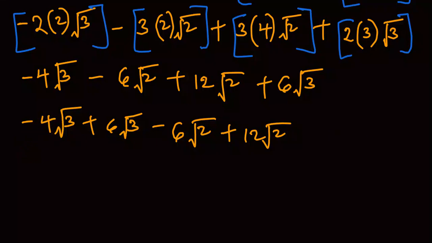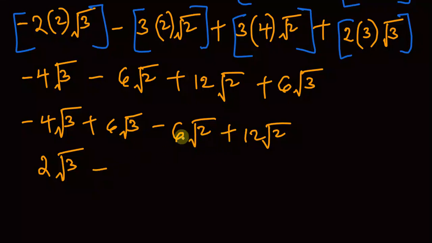This is the operation we use in addition of radicals. Since the roots are the same, we just add the outer values. Negative 4 plus 6 is 2. So it will be 2 root 3 remains.